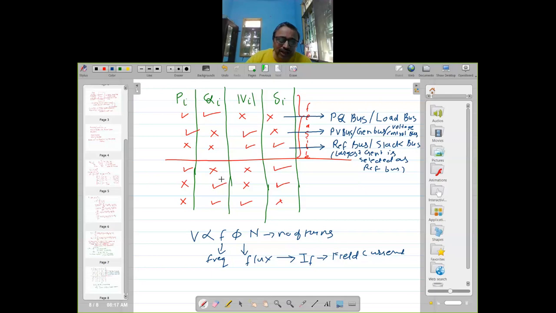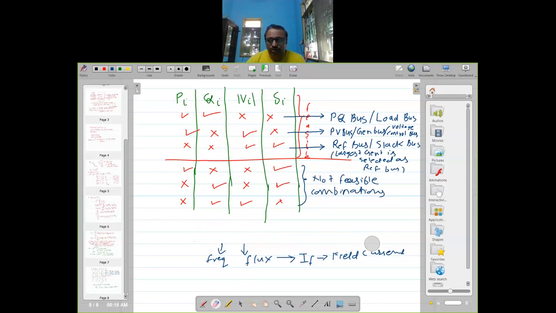Now, why are we discarding the other combinations? There can be more combinations also. I am not writing all, but I am just putting before you some combinations that are possible. So why are we discarding these?